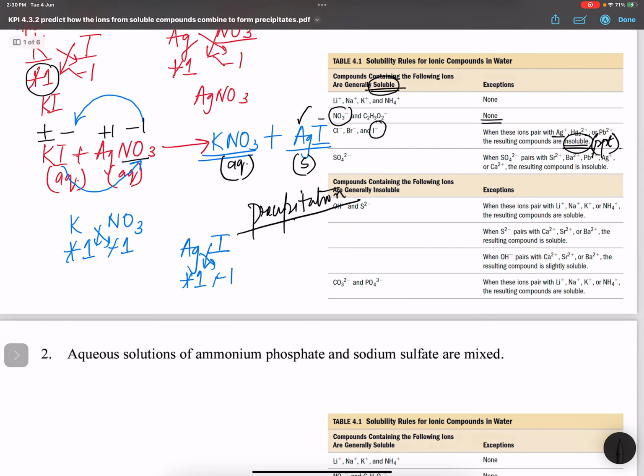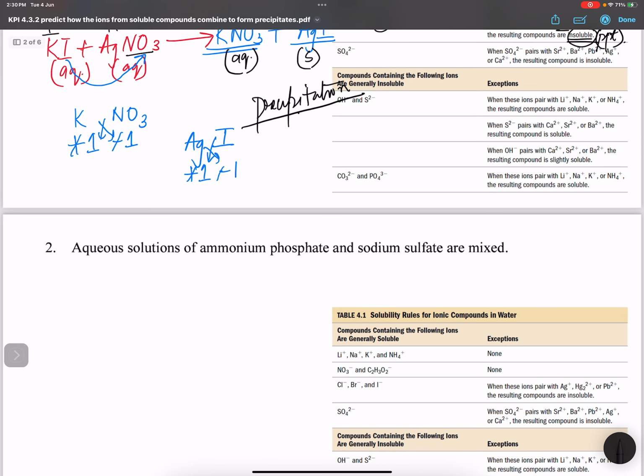Now let's try the next one. Ammonium phosphate. Ammonium is a polyatomic ion, NH4 plus, and phosphate is PO4 3 minus. So +1 and PO4 is -3. A list of polyatomic ions will be given to you.